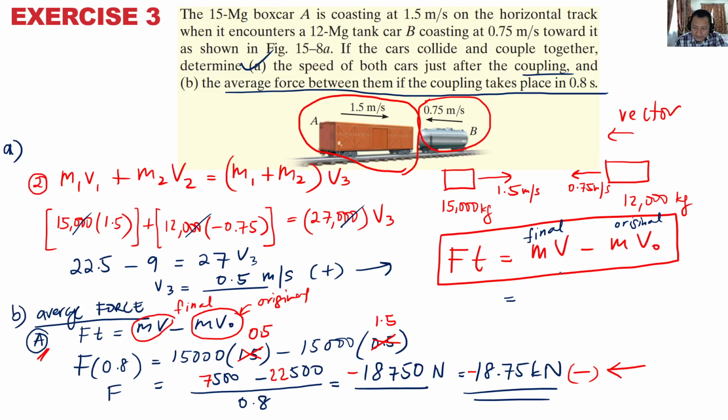If the final becomes 0, what happens? 15,000 times 0 minus 12,000 times the original velocity, 1.5, divided by 0.8.